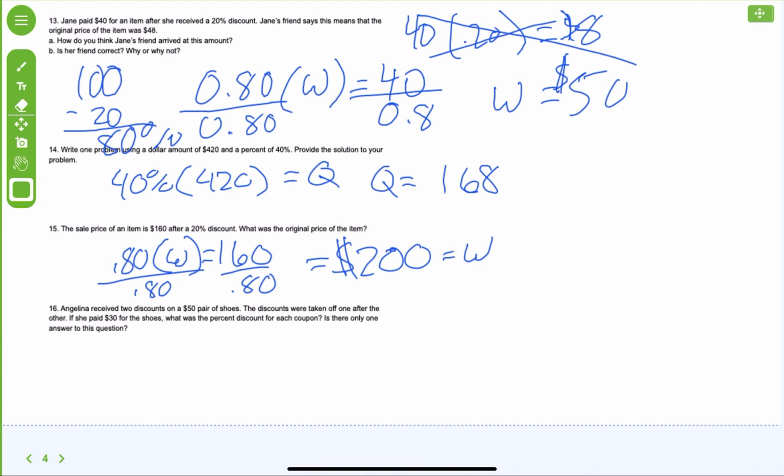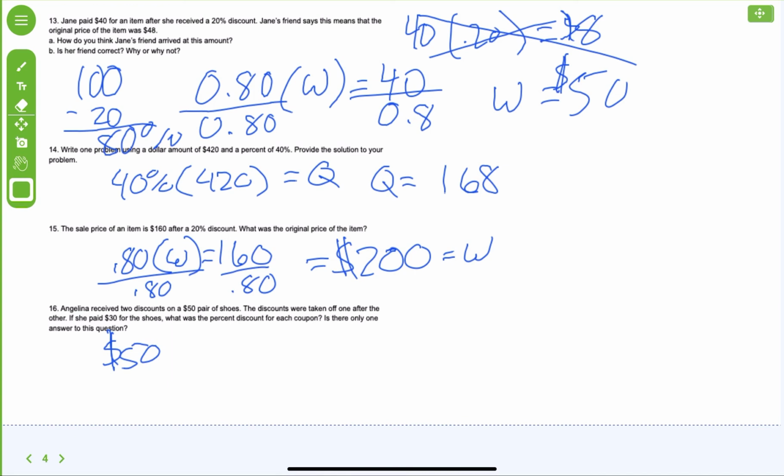16. Angelina receives 2 discounts on a $50 pair of shoes. So that's the whole. The discounts were taken off one after another. If she paid $30 for the shoes, what was the percent of discount for each coupon? Is there only one answer?